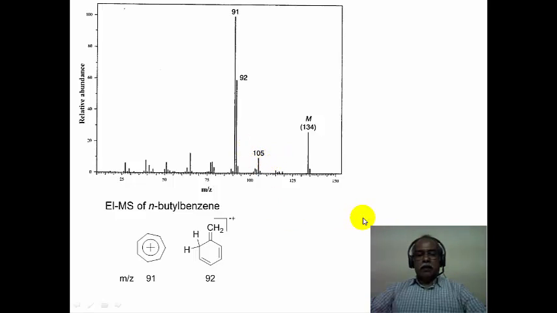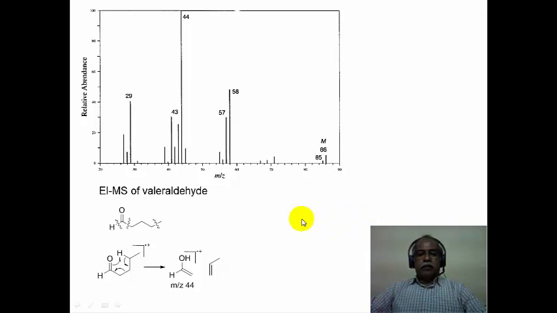This is the electron impact ionized spectrum of valeraldehyde, which is a C5 aldehyde. The formyl loss, which is a 29 loss, should be seen somewhere here. The 58 peak corresponds to the loss of 29.